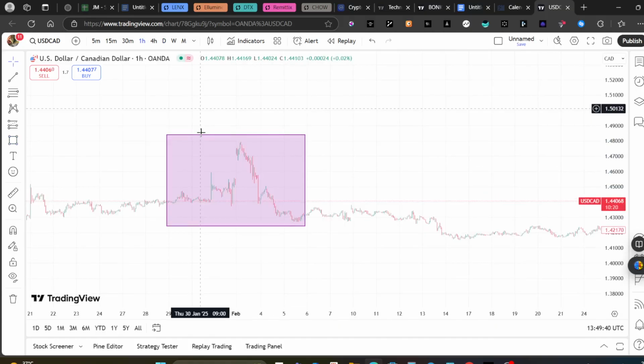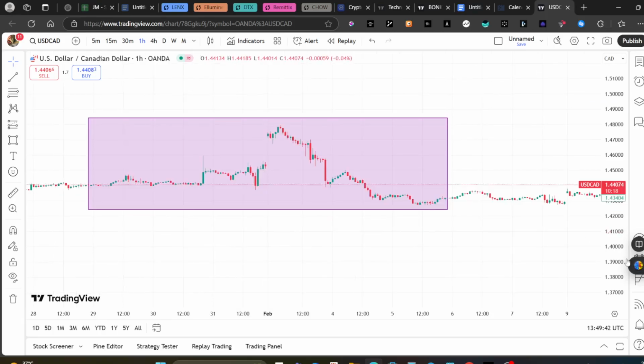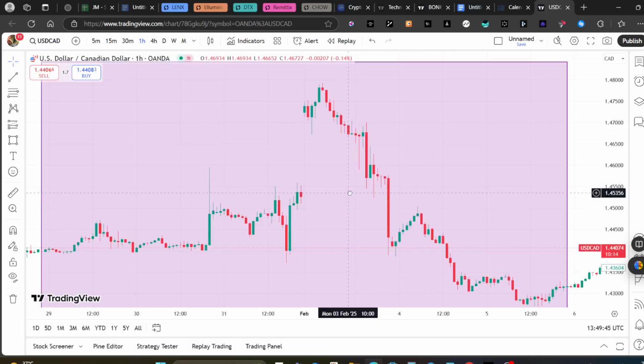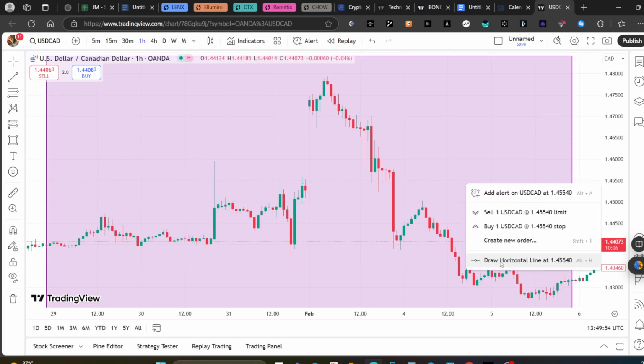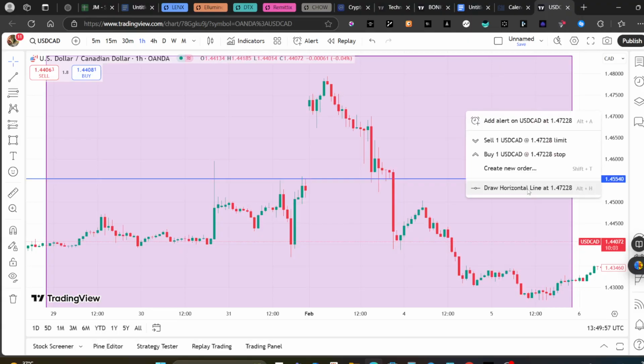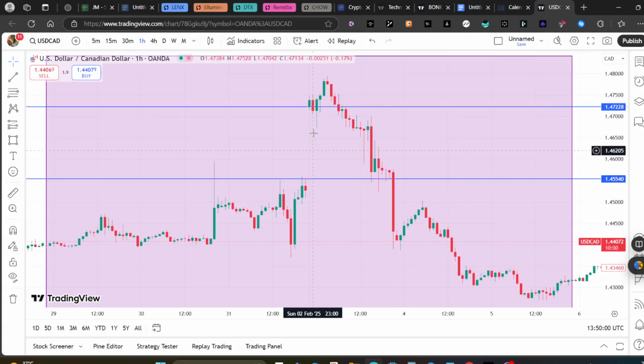Can we see that we had a gap here? So gaps in price usually occur when price jumps from one level to another without filling in. It usually means that liquidity was swept up too quickly, leaving an imbalance.